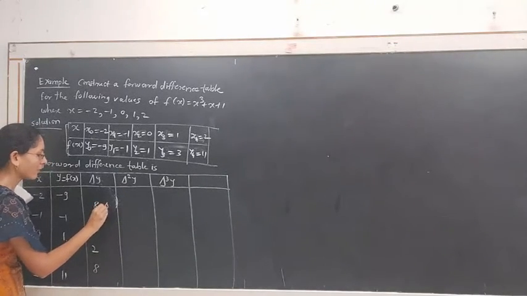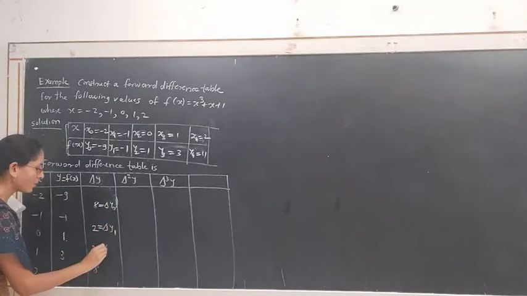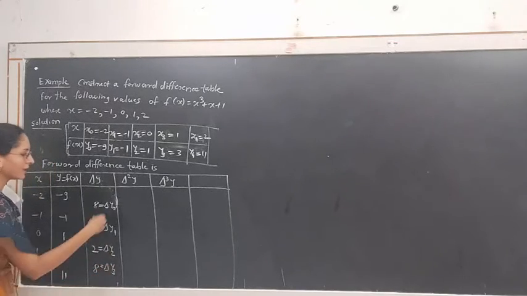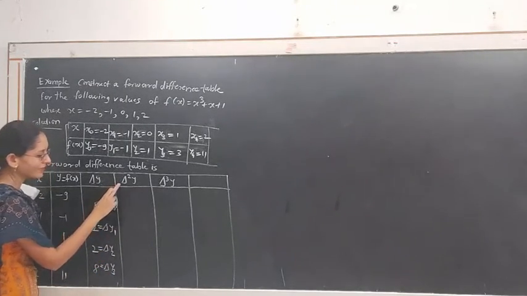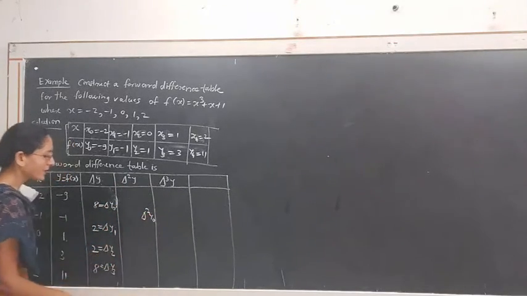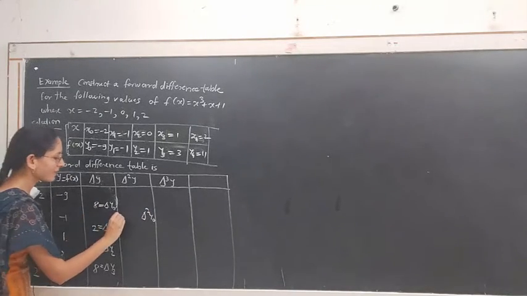This is the value of del y0, this del y1, this is the value del y2, and this is the value del y3. In the next column we get second order forward differences. Initially we get del square y0, which is del y1 minus del y0. 2 minus 8 is minus 6.